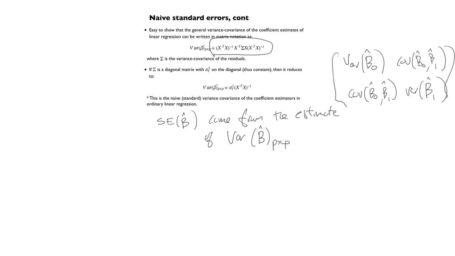So this is the variance of beta hat. P is the number of coefficients, so it's 2 by 2.